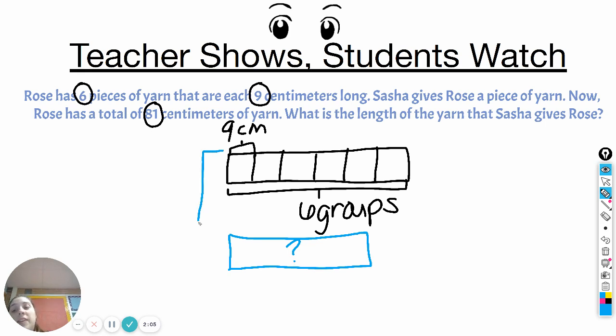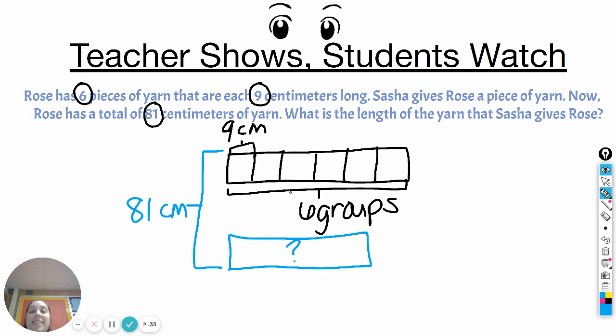When you put these 2 pieces together, it says that she has 81 centimeters of yarn. In black is what she has right now. In blue is what Sasha gives her, and we have to figure out how much Sasha gives her so that altogether she has 81.